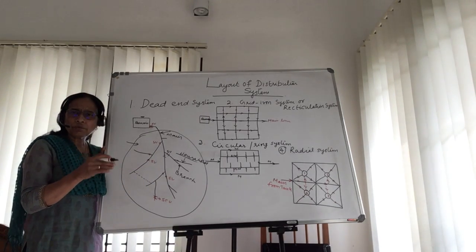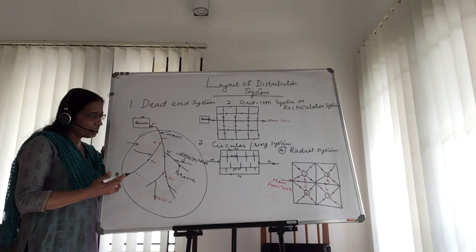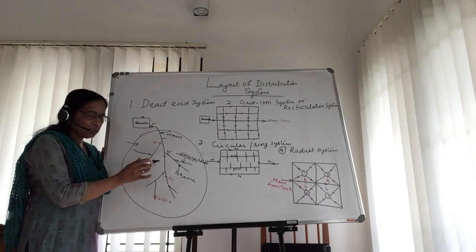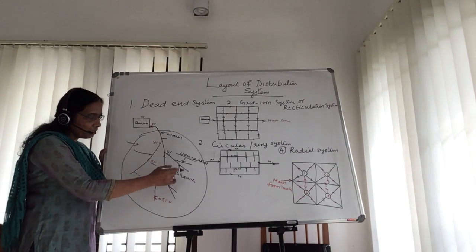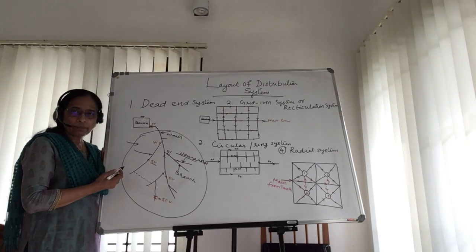Similarly, according to our needs and technical requirements, we can control the supply through each line by providing the sluice valves.